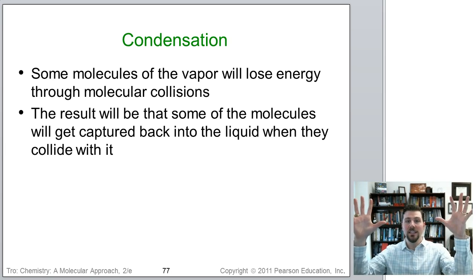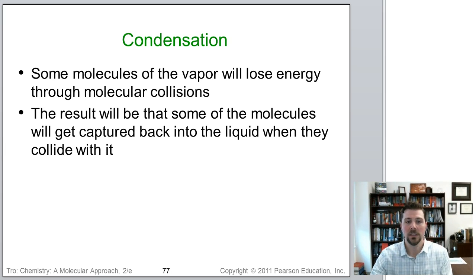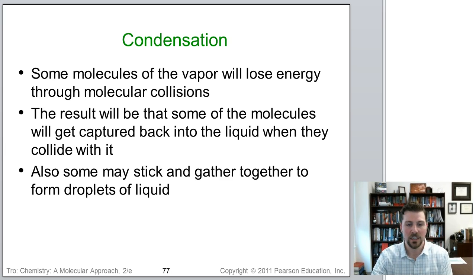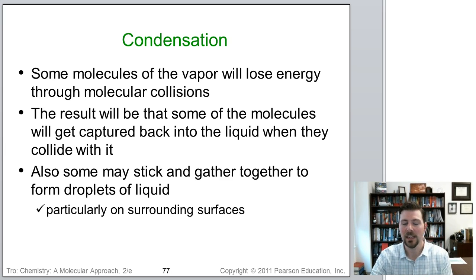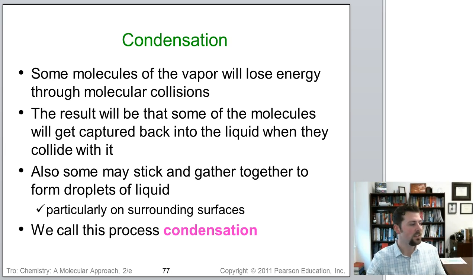So they've condensed from the vapor phase down into the liquid phase based upon changing temperature and changing amounts of energy. Ultimately, they stick back together, form droplets of liquid, and form droplets on surrounding surfaces. Imagine taking a soda that's cold and putting it out in the humid environment, and very quickly it gets condensation droplets all on it because it's so cold.